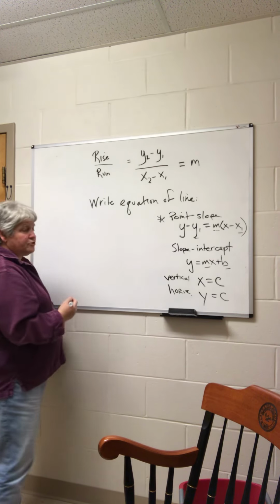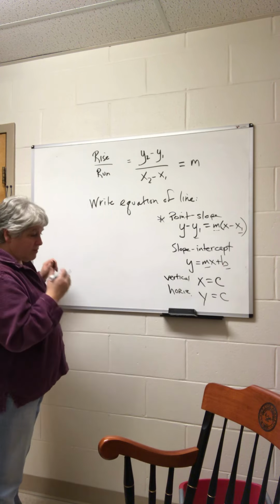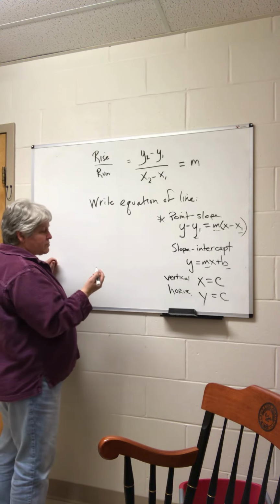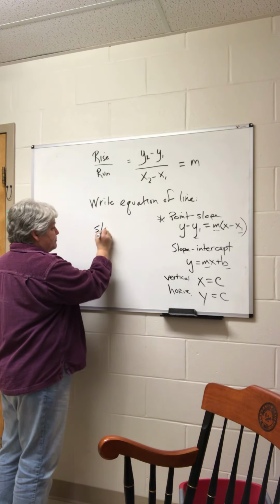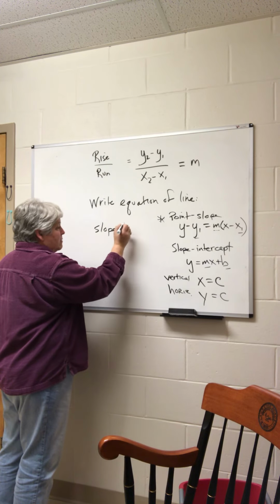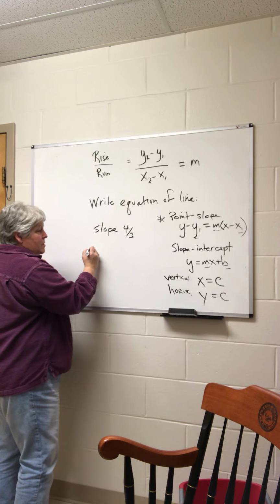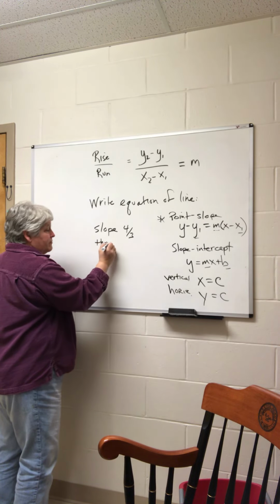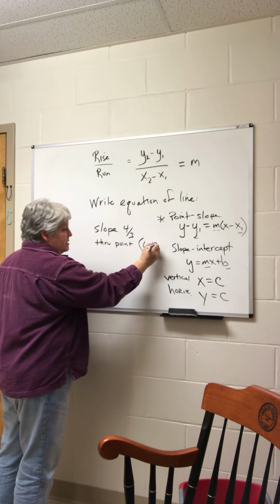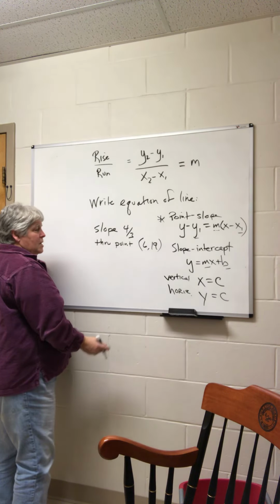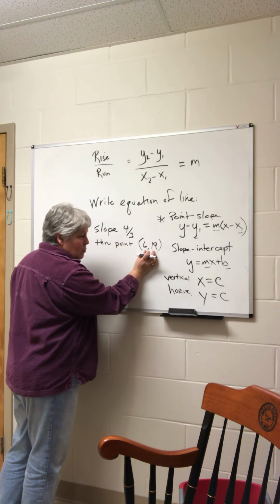These are things we all went over. These should be in the notes that I told you to take last time, and in the notes that I asked you to review the night before you come back to school. So if I gave you slope 4/3 and through a point (6, 19), you can't put this in for b, because this is not on the y-axis.